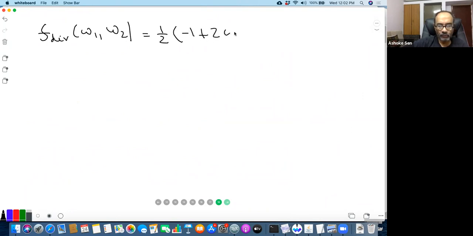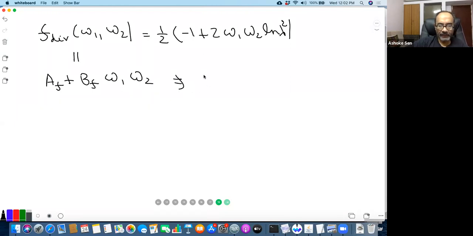So F divergent is half times (-1 plus 2 omega 1 omega 2) log lambda squared. And remember that we had identified this as AF plus BF omega 1 omega 2.